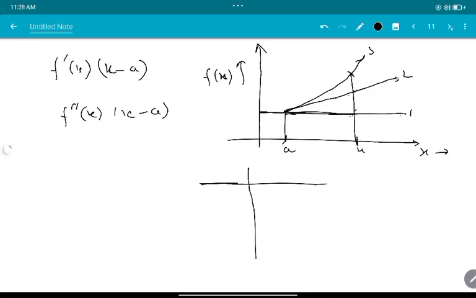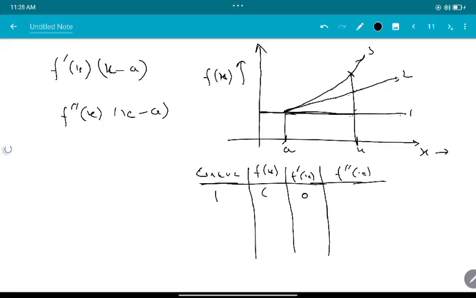Case number 1, this is curve number 1. What was changing in curve number 1? In curve number 1, f(x) was constant. So f'(x) was 0, its rate of change 0, and the rate of change of this 0. That was also 0.